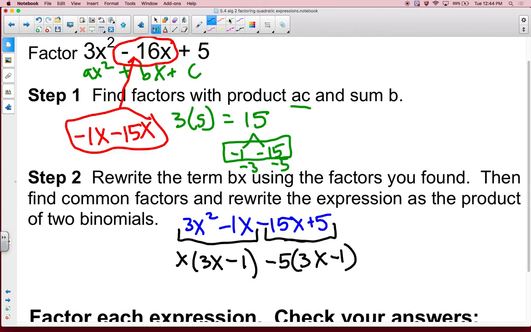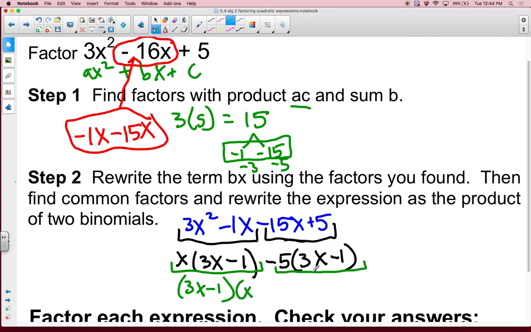Okay, so then we're almost there. Now we'll say, what did we make both of these have in common? Well, we made both of them have a 3x minus 1. So let's write that in front. So if I take a 3x minus 1 out from this first part, I'm left with an x.